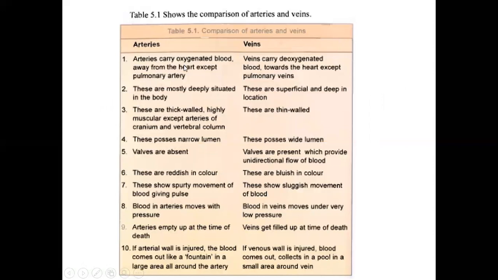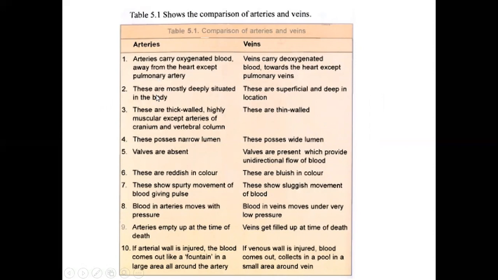Arteries carry oxygenated blood, whereas veins carry deoxygenated blood. Arteries take the blood away from the heart, and veins carry it towards the heart. There are some exceptions. Here the exception is the pulmonary artery. Here the exception is the pulmonary vein.